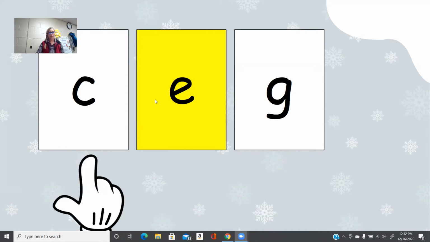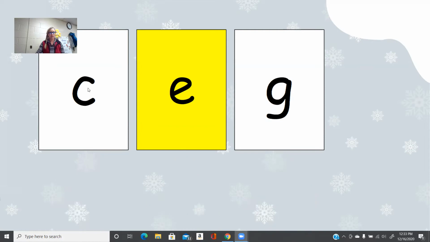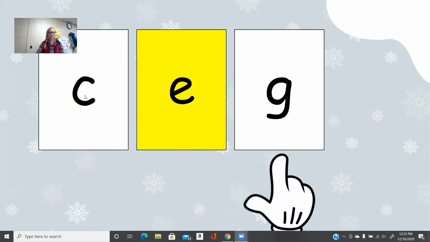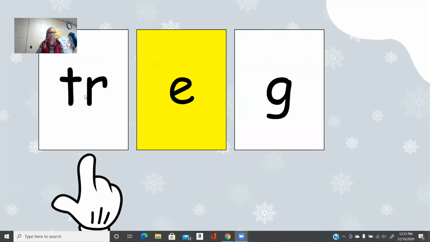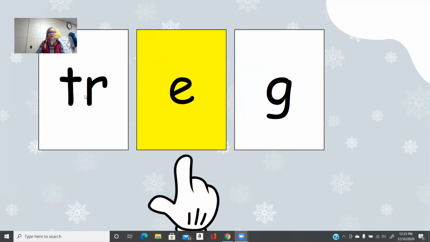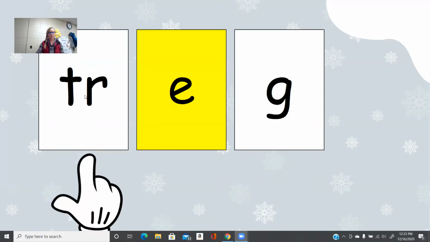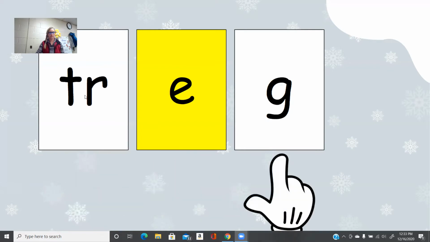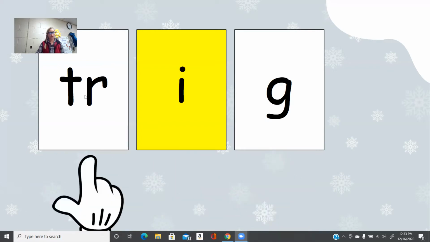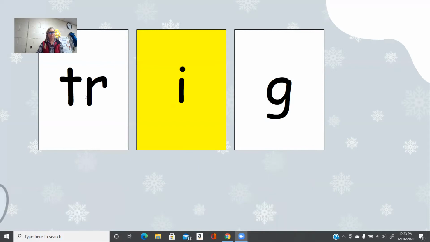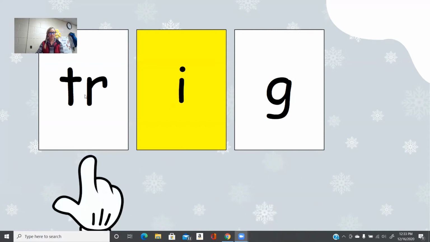Now we have an E after the letter C, so it's going to make the S sound. S, egg, seg. Your turn. Tr, egg, treg. Your turn. Tr, ig, trig. Your turn.